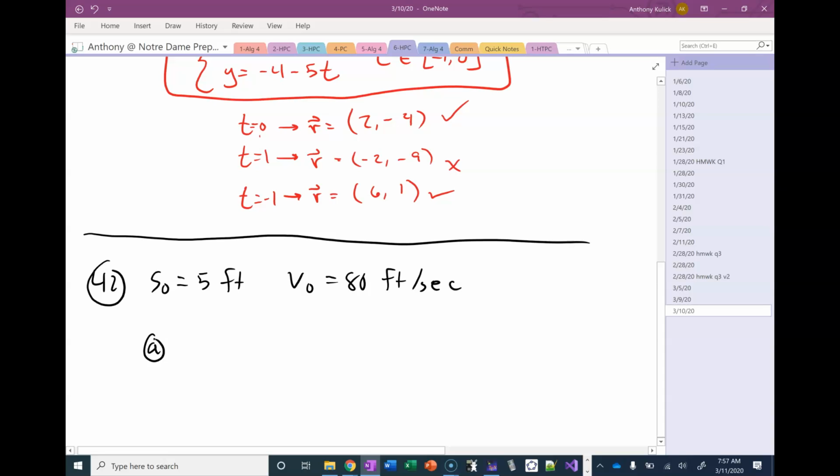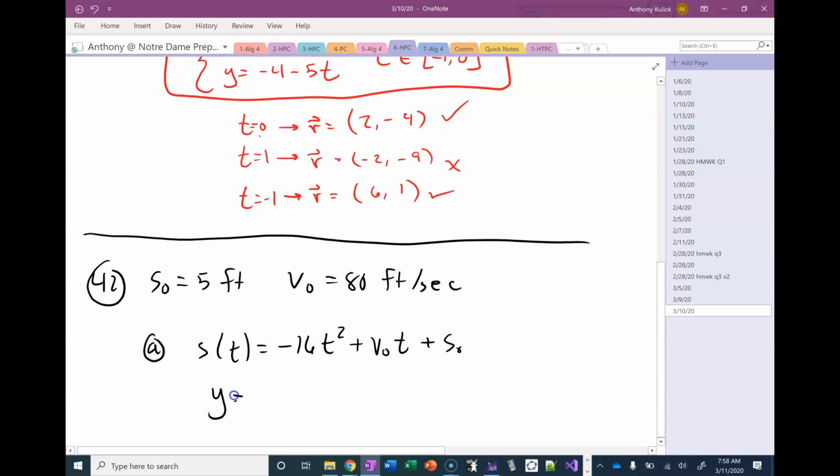Since we're going straight up and down, I can use the first version of these equations. That specifically is s of t is equal to negative 16 t squared plus v naught t plus s naught.